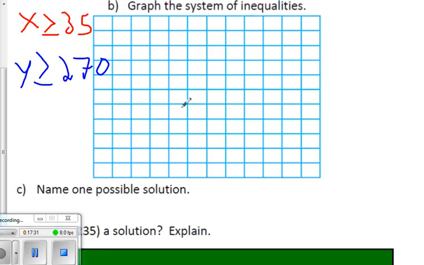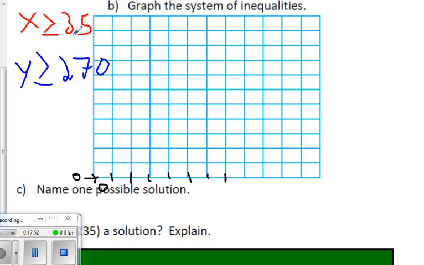Let's use 5s. So each of these is 5. Here we'll start at 0. Here is 5. So 5 years old, 10 years old, 15, 20, 25, 30, 35 years old right here.